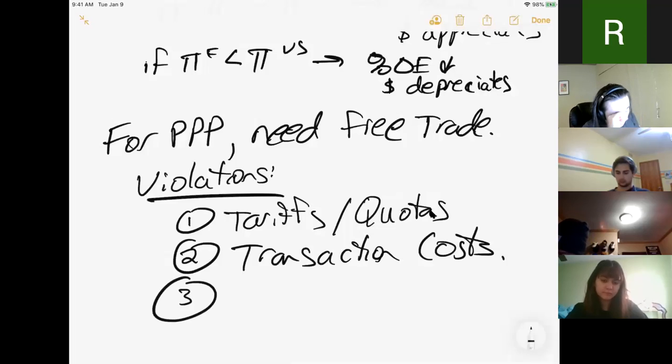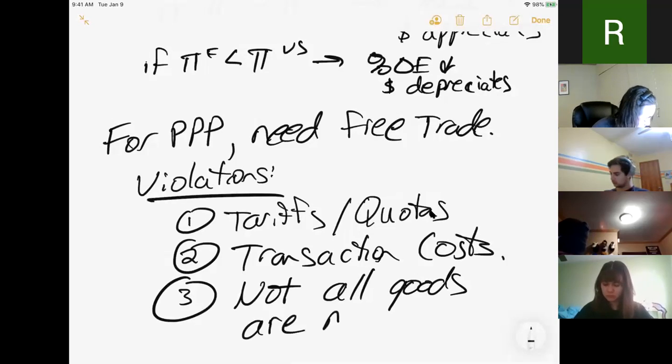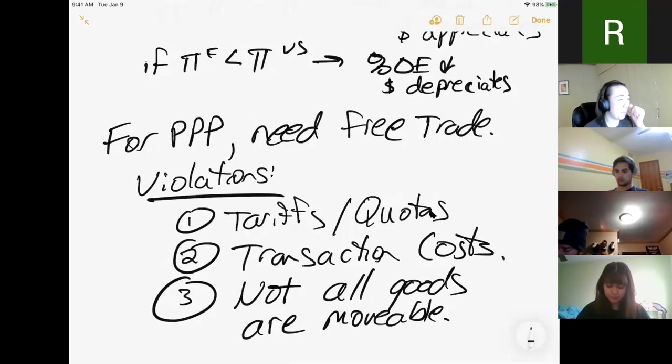The other violation is that not all goods are tradable. Right? Not all goods are movable. So for some goods, there could be some quite big violations of purchasing power parity. The classic example is real estate.